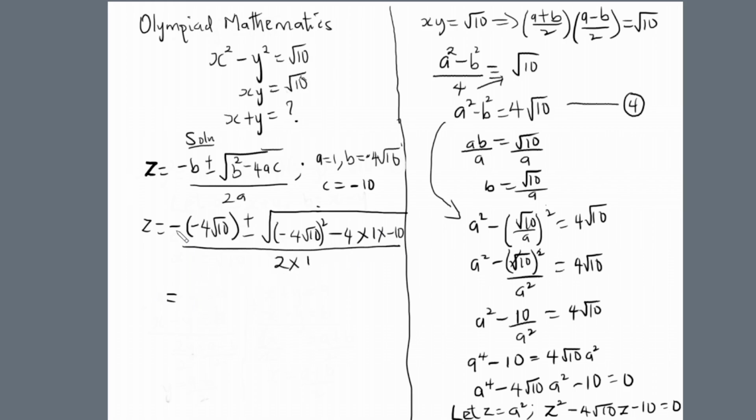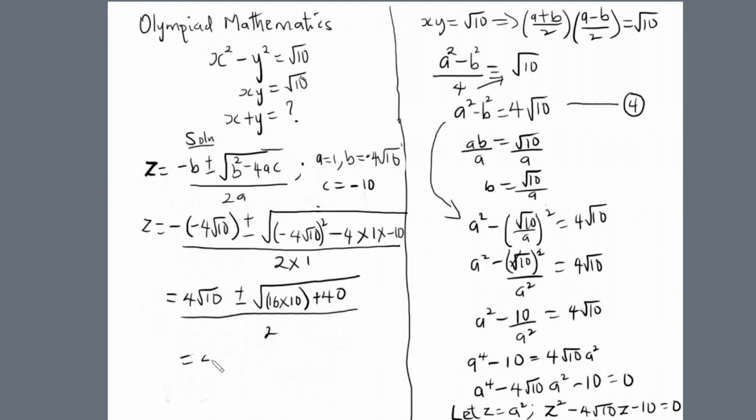So this is plus 4 root 10 plus or minus the square root of this square. The square is going to affect this root 10 and still affect minus 4. Minus 4 squared is 16, so this will be 16 times 10, because the square root is gone, minus 4 times 1 is minus 4, times minus 10, that is plus 40, over 2.